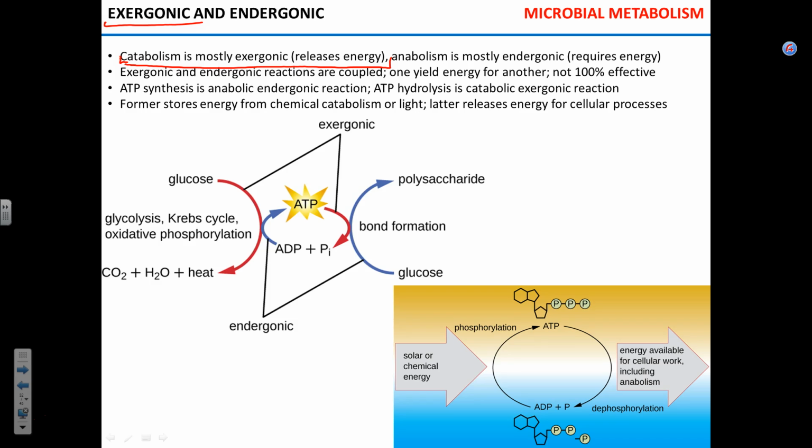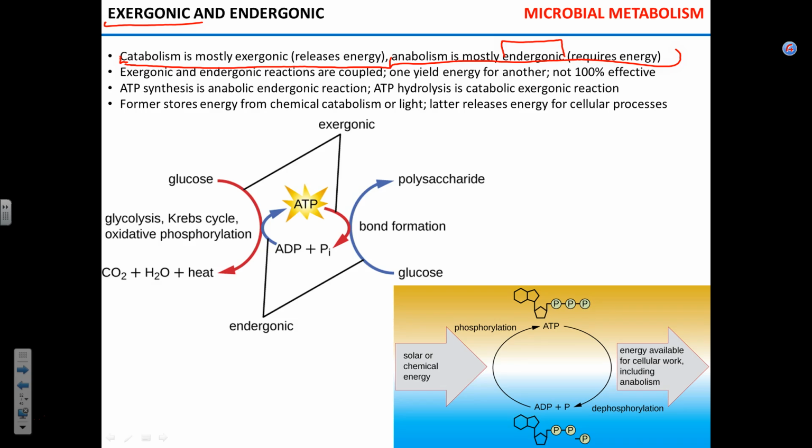Protein catabolism, breaking down proteins to amino acids. That's a catabolic reaction, and it will release energy, because that's what the breakdown is for, right? ATP breakdown, ATP hydrolysis, is a catabolic reaction, which releases energy. Anabolism is mostly endergonic, which means it requires energy.